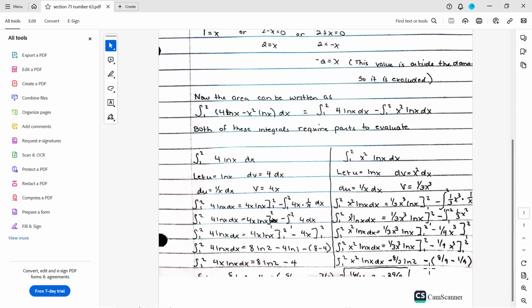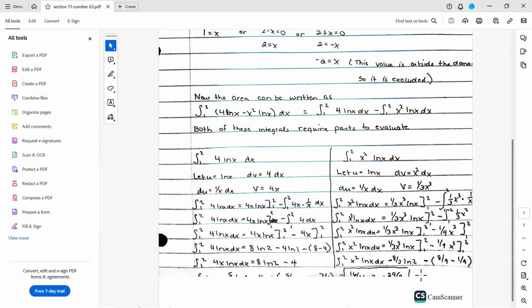8 ln 2, and you have minus 4 minus 7/9. When you work it out, it comes out to 16/3 ln 2.